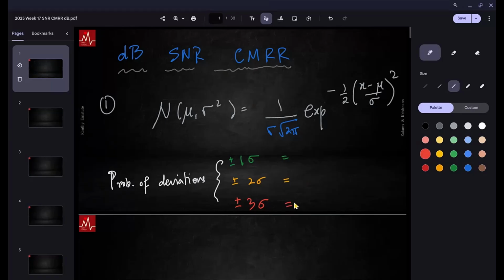It looks like you remember 68.5, 95.5, 99 point something. This is very good. So you got 68.3 percent, this would be 95.5 percent, this is 99.7 percent. Quickly recall those.